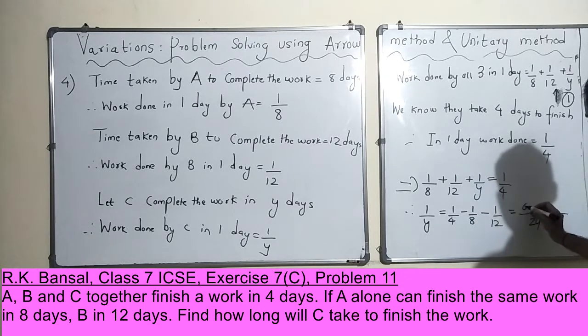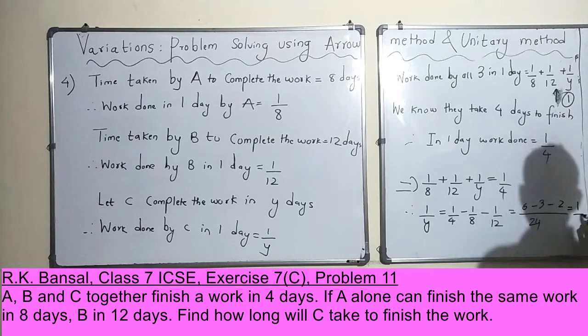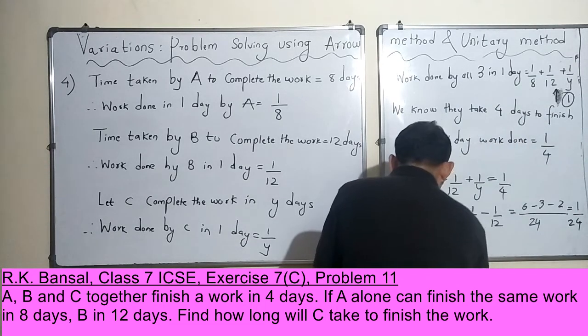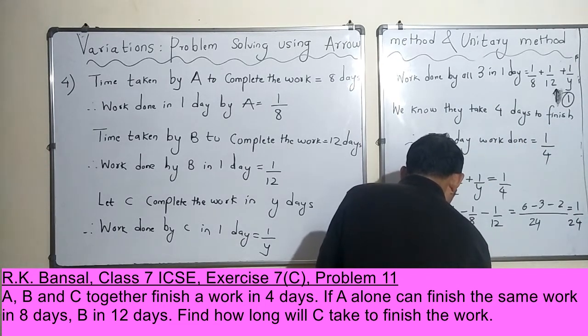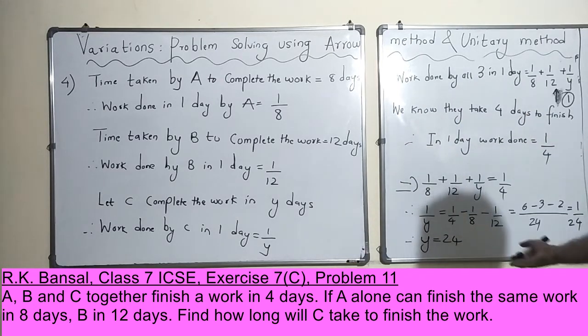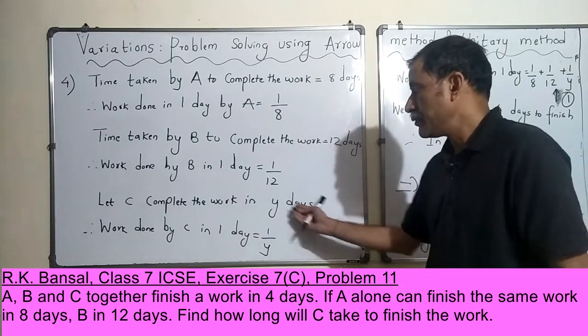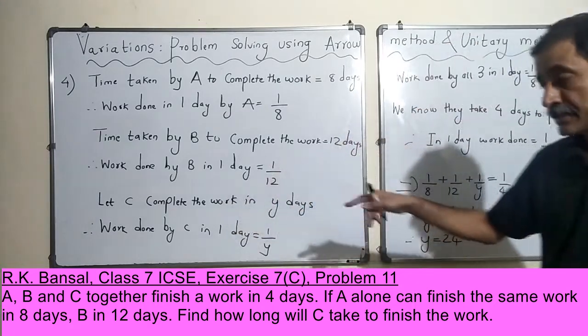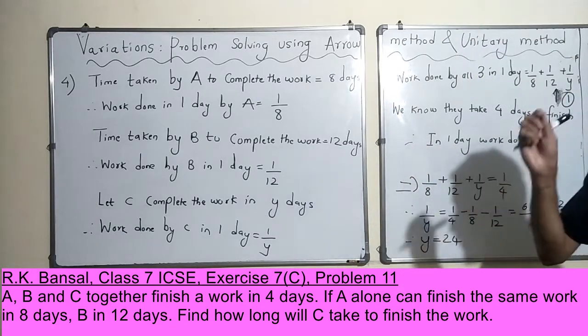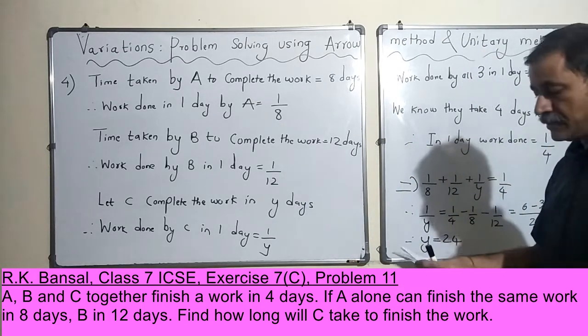So 6 minus 3 minus 2 is equal to 1 by 24. So Y is equal to 24. What is Y? The time taken by C to complete. Now we have said that C would complete the work in Y days. So C would take 24 days to complete the work.